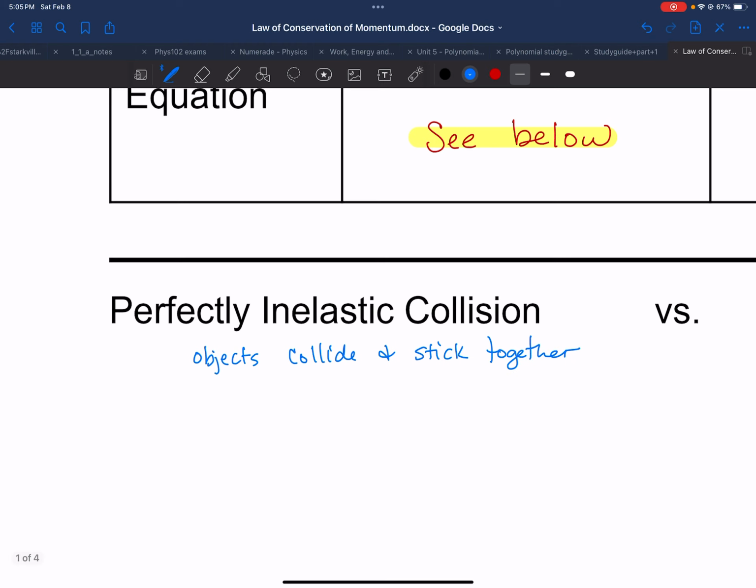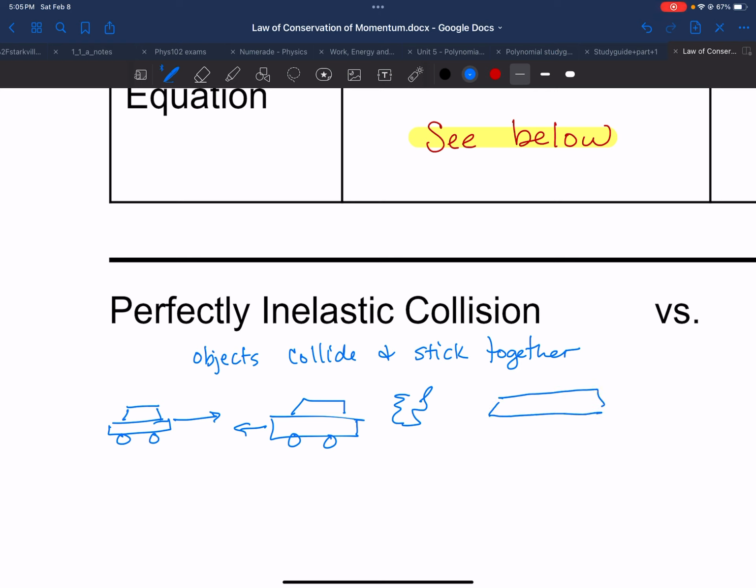So it could be, let's say, 2 cars coming in, one going this way, one going this way, and then of course the collision happens, and then it's one giant mess of 2 cars that have collided with each other. So it could be going head on with each other.